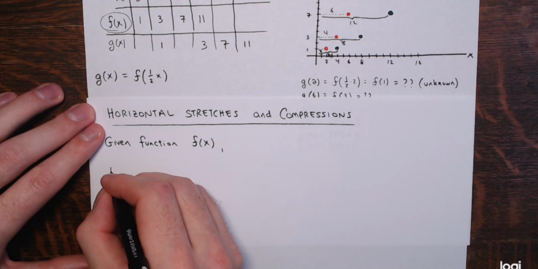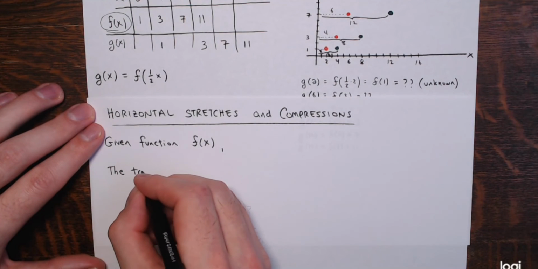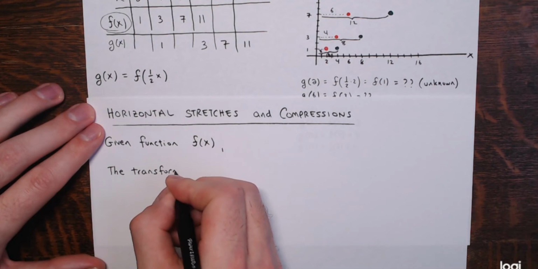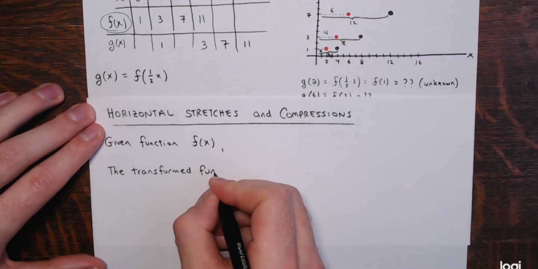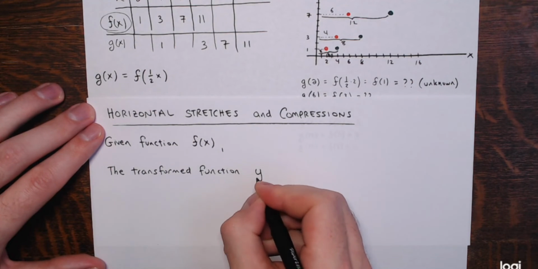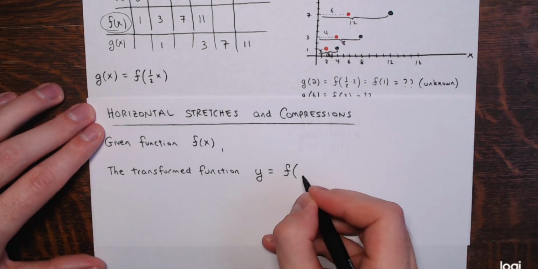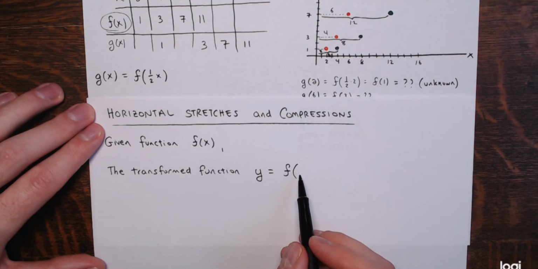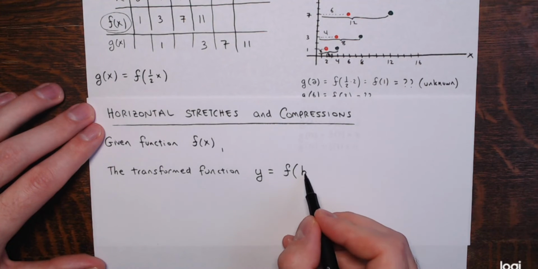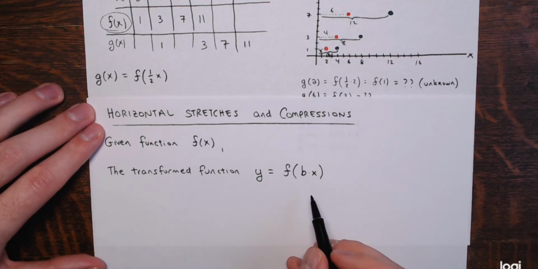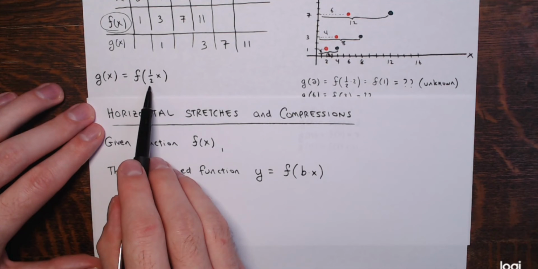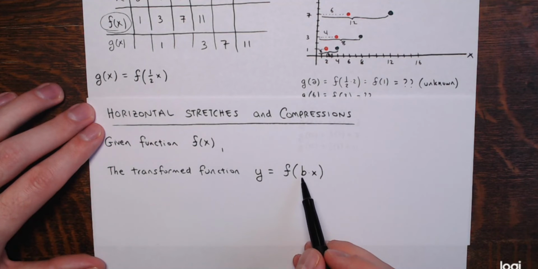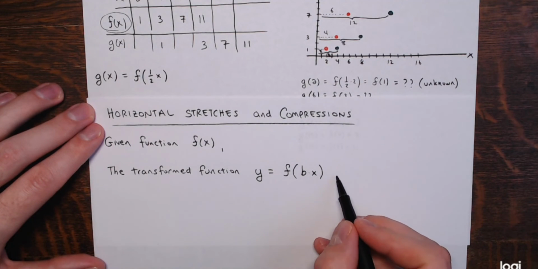The transformed function is y equals f of, and you replace x with, and I'll use the same letter they use in the text, b times x. So in my previous example, the b was a half. So if I replace x with b times x, then the following will happen.